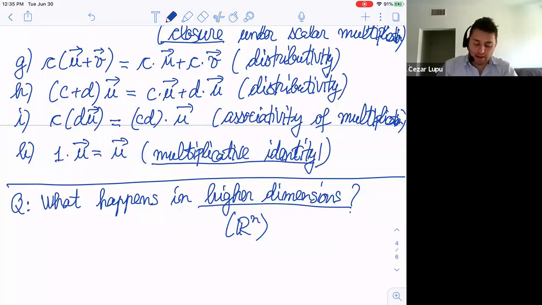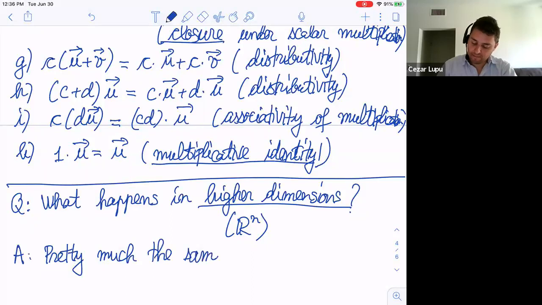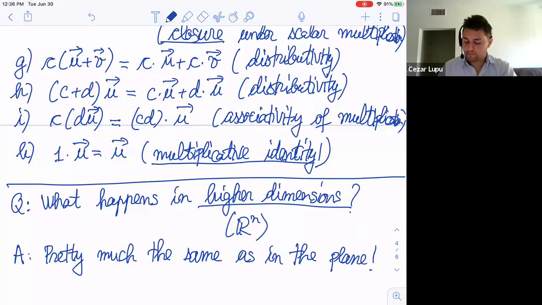Well, the short answer, as you can imagine, is yes. So perhaps everything will stay the same, pretty much the same as in R2, as in the plane. I'm not going to do the same thing again.